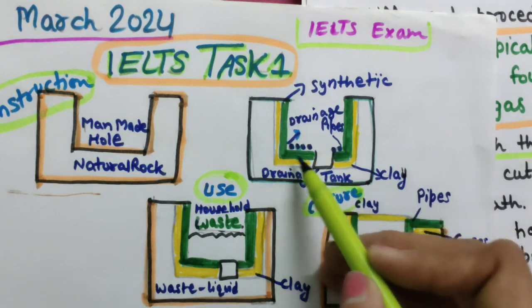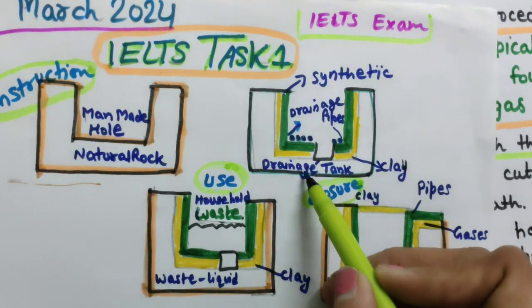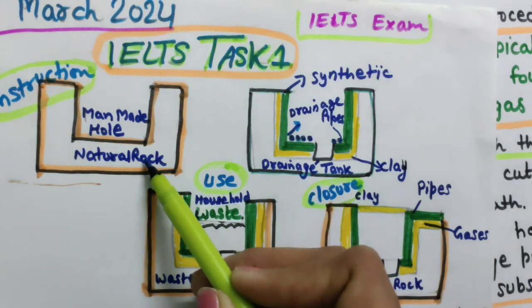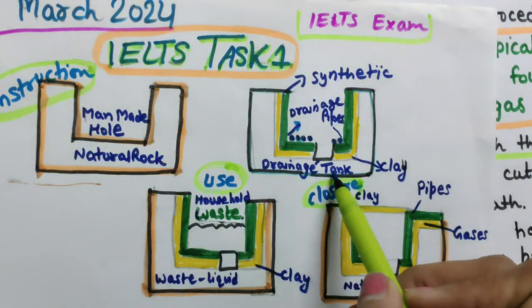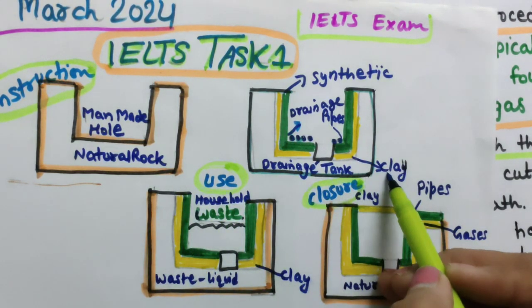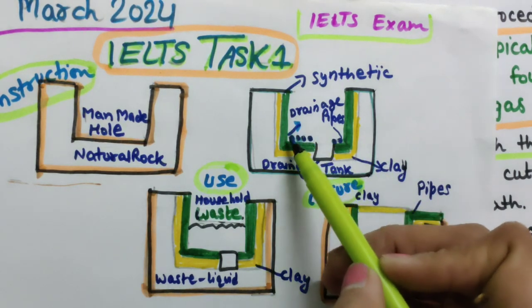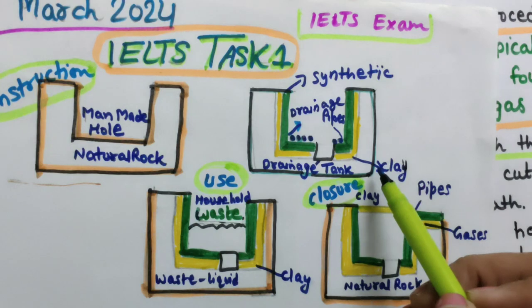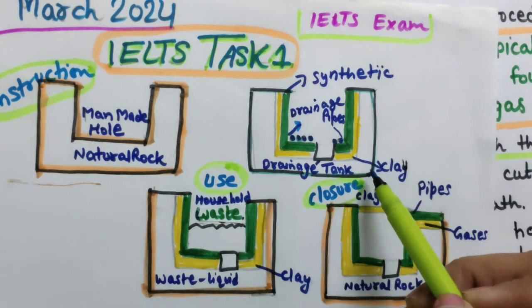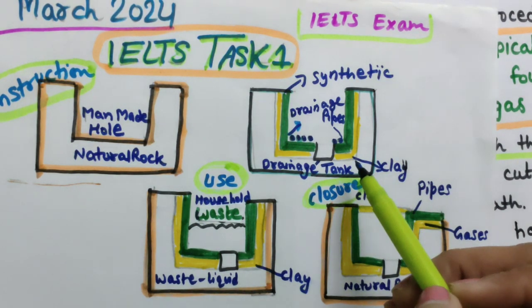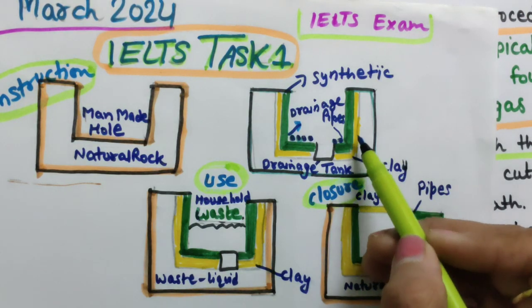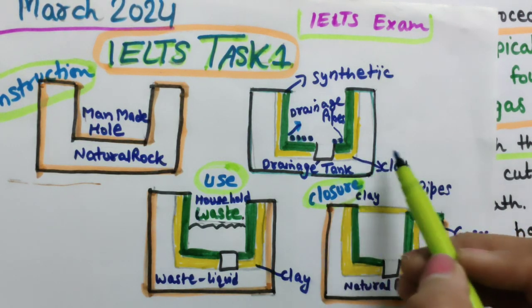Here is the drainage tank. This is natural rock, and this yellow one is clay. The green one is drainage pipe, yellow one is clay. Of course you will not get a colorful diagram, you will get black and white, with light and dark shades.